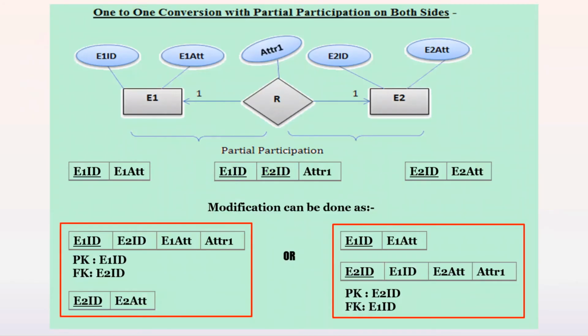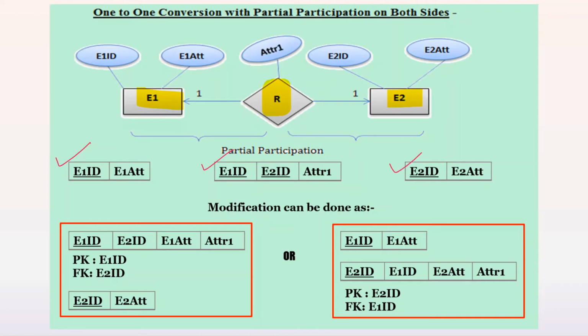So here is an example. We have the entity E1 and another entity E2, and this relationship also has some attributes. The simple formula was to directly have one table for E1, one table for the relationship, and one table for E2.